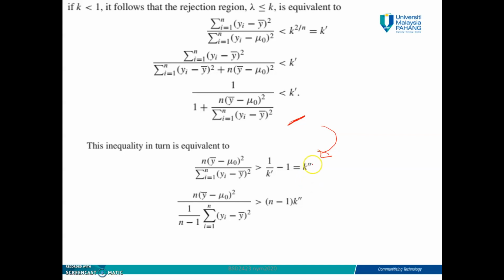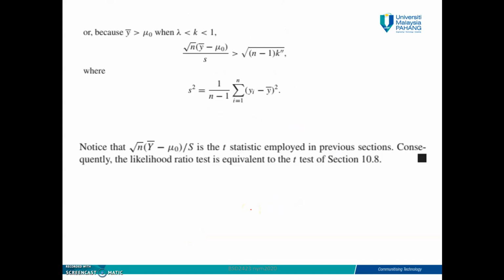So for k double prime, we have n minus 1, because we break this one, and this we can simplify. Here you rearrange and get n minus 1 times k double prime, and you can cancel it out.